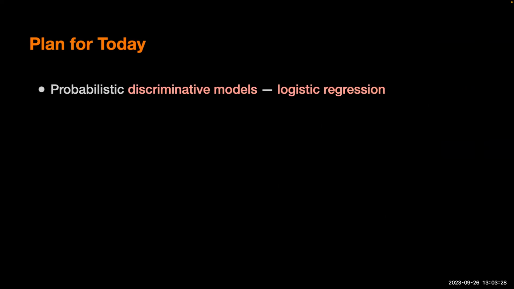So the plan for today is to describe what we call logistic regression, which is quite a misnomer. Historically we call it logistic regression, but we are not dealing with a regression task, but rather a classification task.